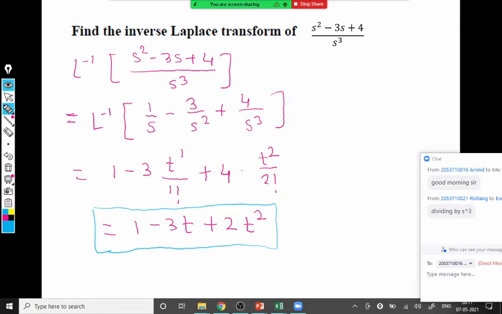If any doubt, yes, you can ask. The formula that we used, I will write it here for those who are not getting it: L inverse of 1 upon s raised to n plus 1 is t raised to n upon n factorial, provided n is an integer. If n is not an integer, we use t raised to n upon gamma n plus 1.